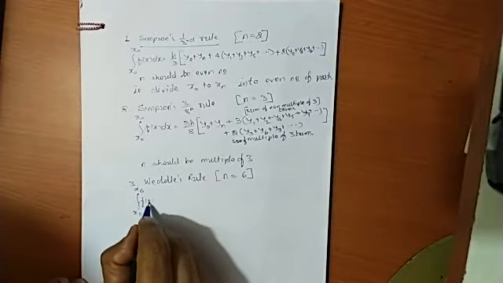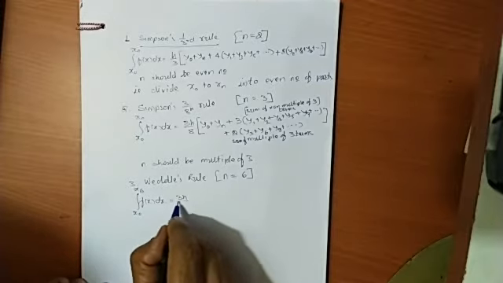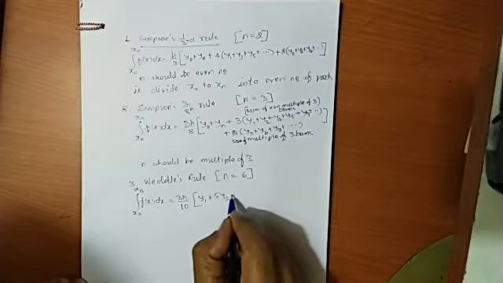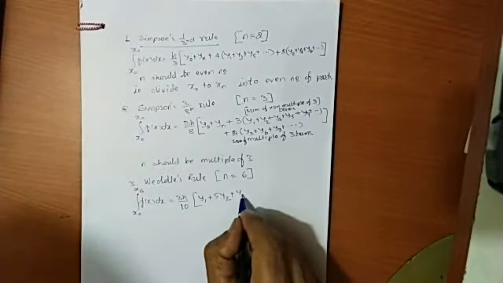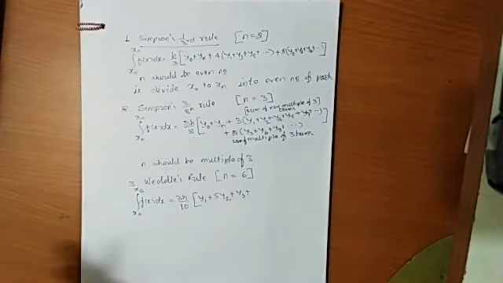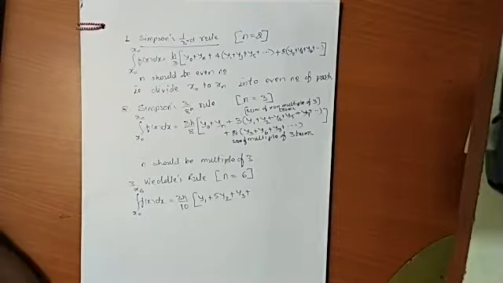So the integral from x naught to x6 of f(x) dx is equal to 3h by 10 into y naught plus 5 times y1 plus y2 plus 6 times y3 plus y4 plus 5 times y5 plus y6.